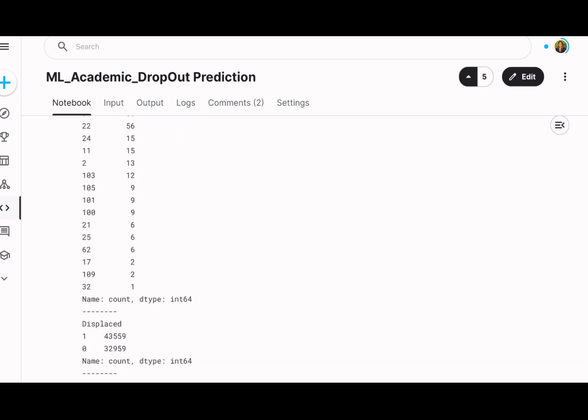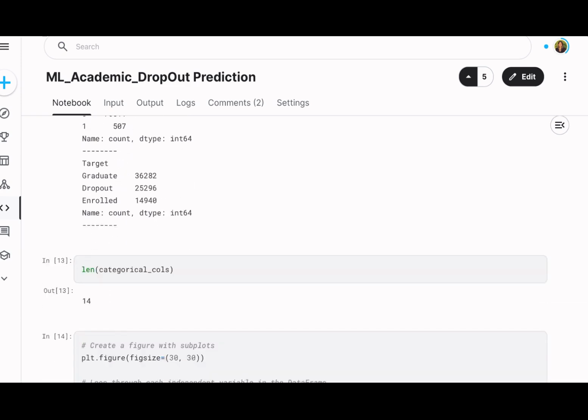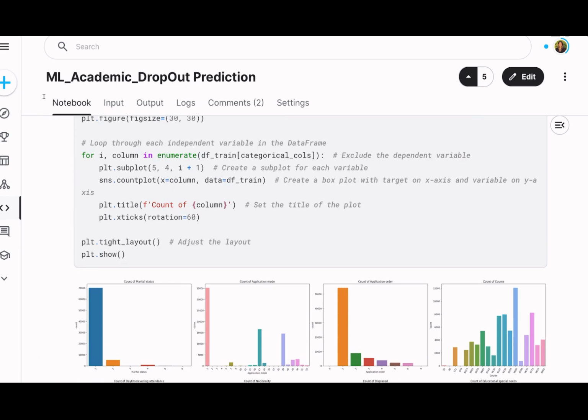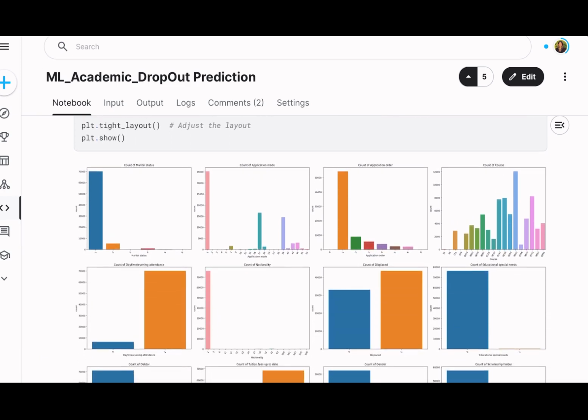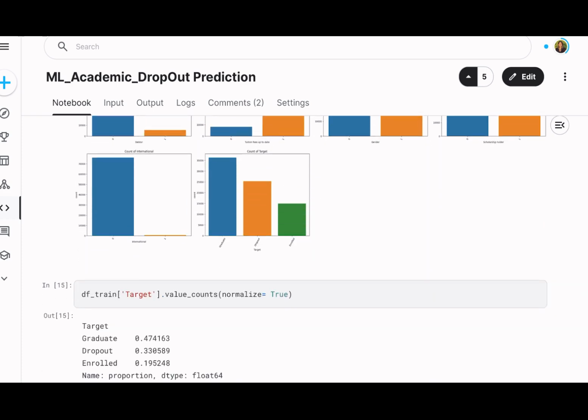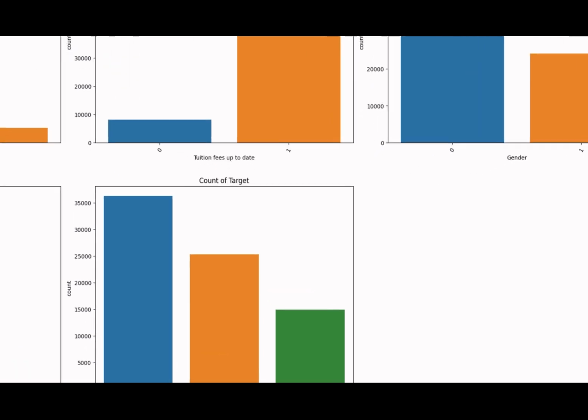On the surface, it appears that the data set is good for categorical. There's also a bar chart representation that I have done just to look at the counts for each value from a visual perspective. So this is very interesting.